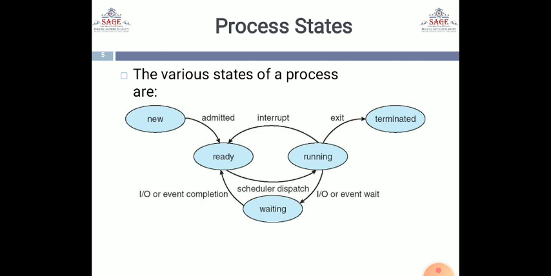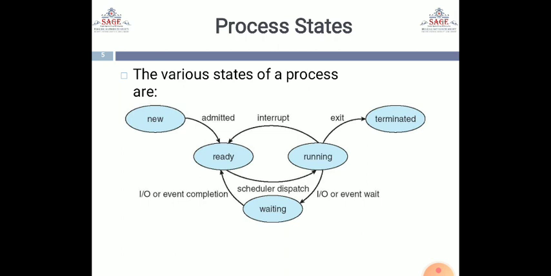While the process is running, some event is generated, or we can say some interrupt is called. So it moves again to the ready state, or we can say the process is suspended for a while. Then whenever the CPU is free, the process moves again to the running state.